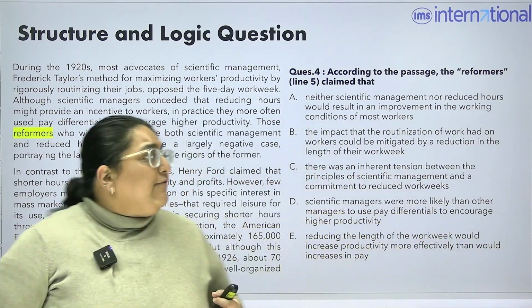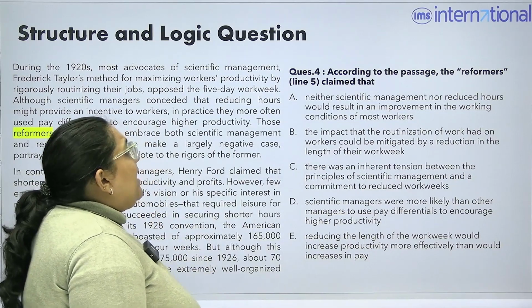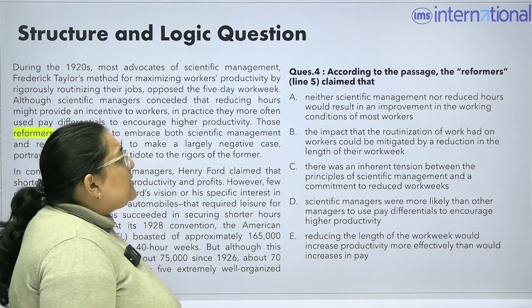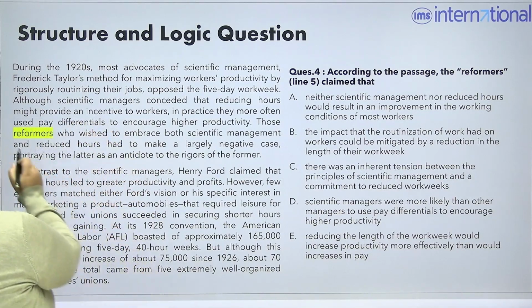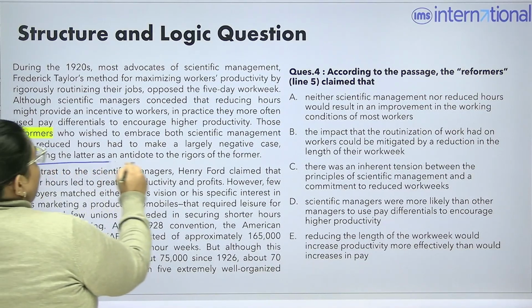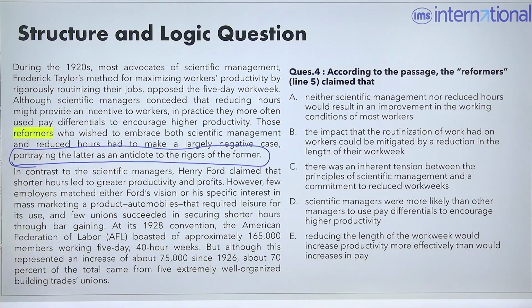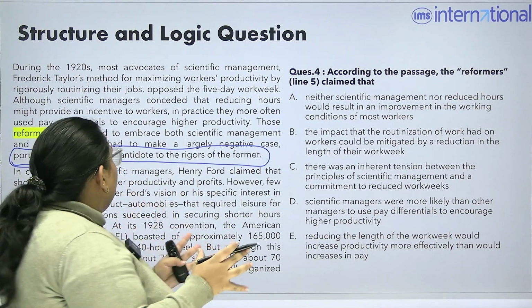So here we have a question which asks us, according to the passage, the reformers claimed that. So what are the reformers claiming? Let's see. The reformers who wished to embrace both scientific management and reduced hours had to make a largely negative case, portraying the latter as an antidote to the rigors of the former. So what were the reformers claiming?